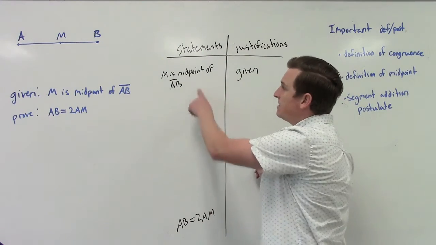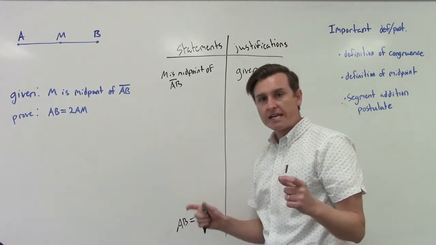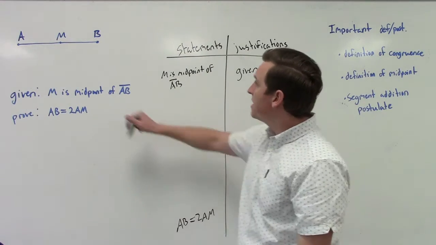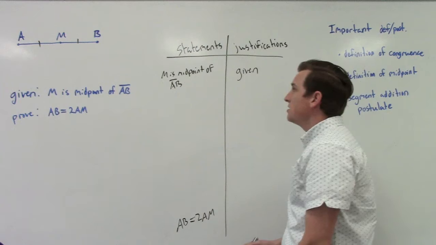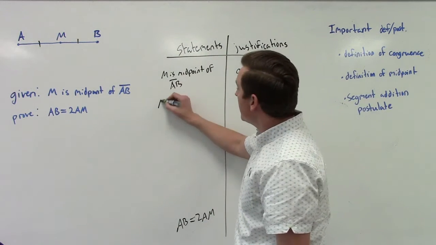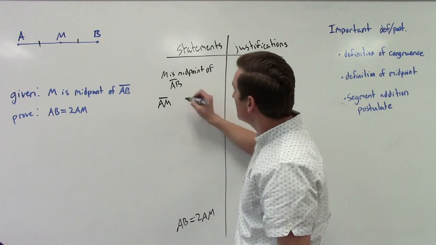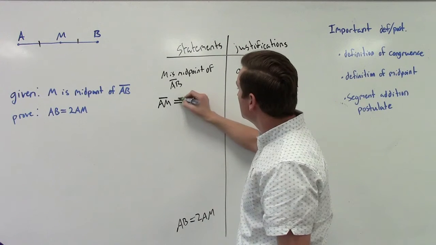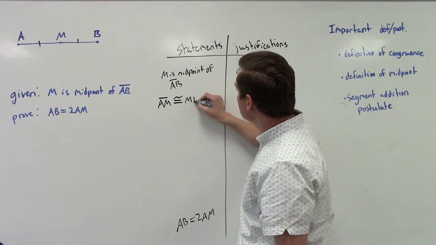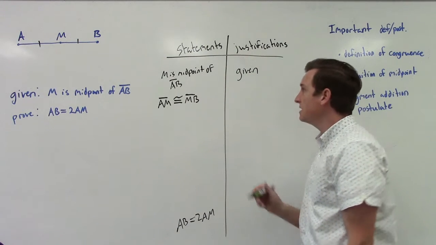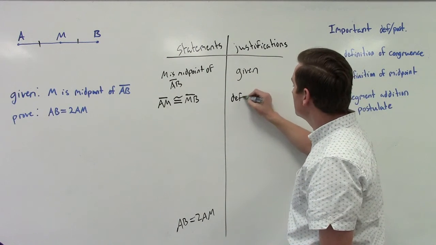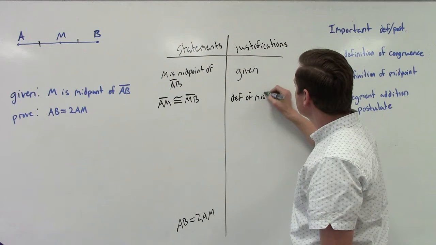So midpoint tells us, again, that we have two congruent segments. Midpoint cuts a segment into two congruent segments. So what I can say then is that AM is congruent to MB. And the reason we can do that is the definition of midpoint.